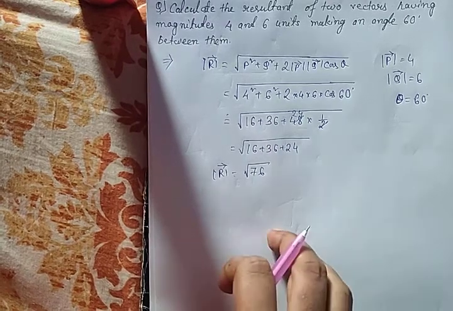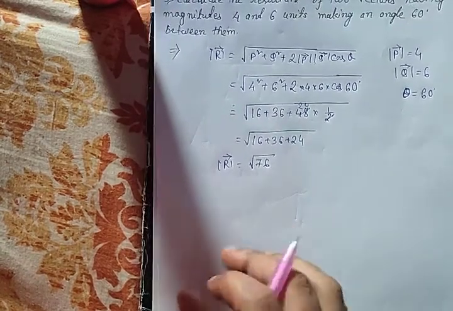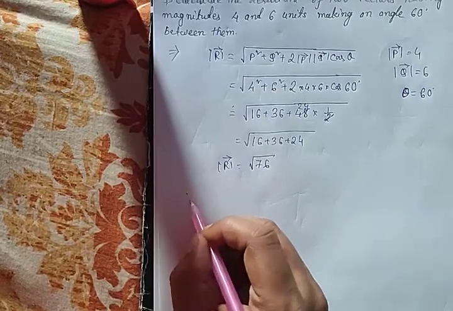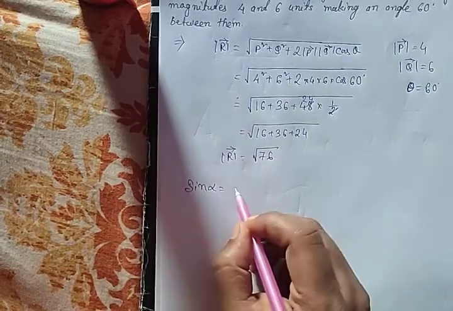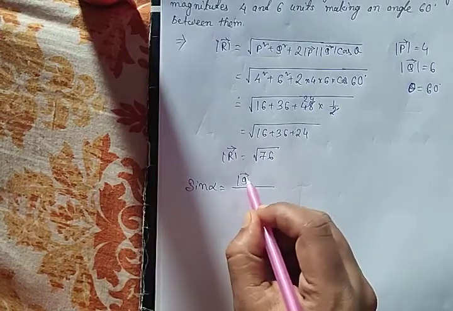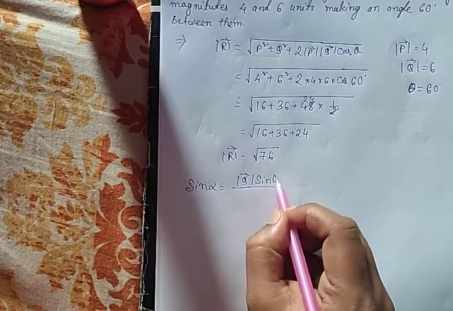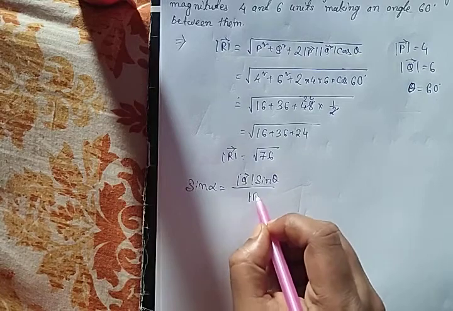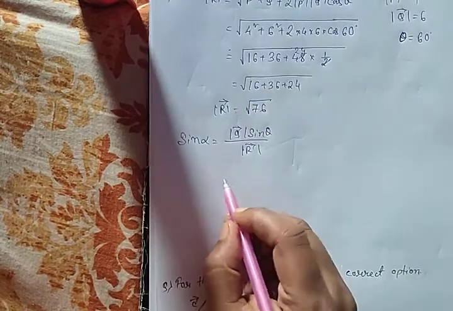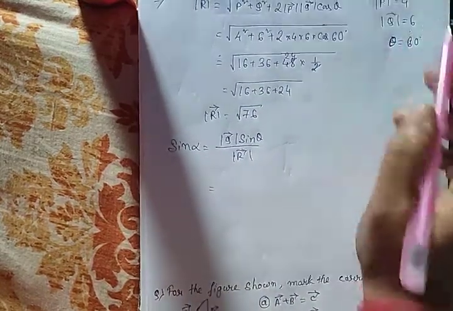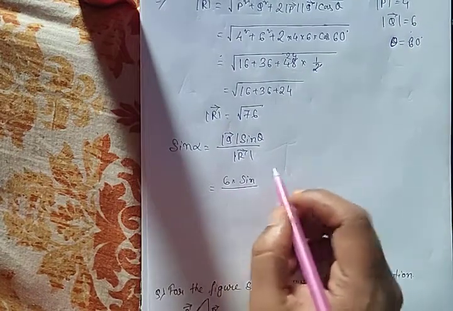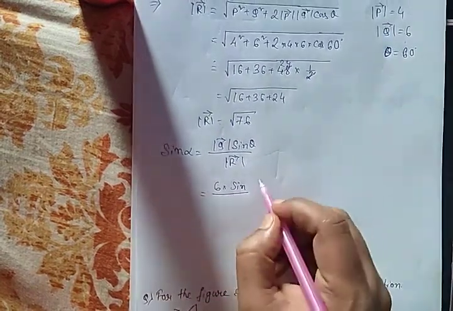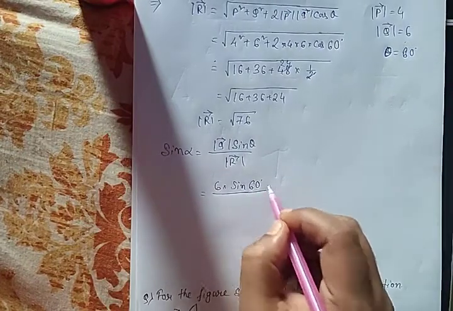Now we have to find out the direction part also, that means angle alpha. We know that sin alpha is equal to |Q| sin theta divided by |R|. The value of |Q| is 6 and theta is 60 degrees, so it is 6 into sin 60 degrees divided by |R|.